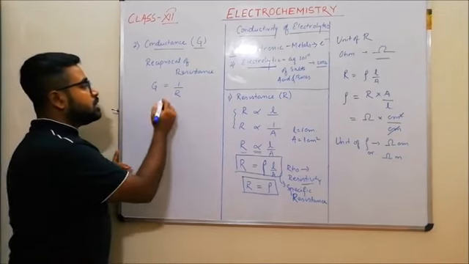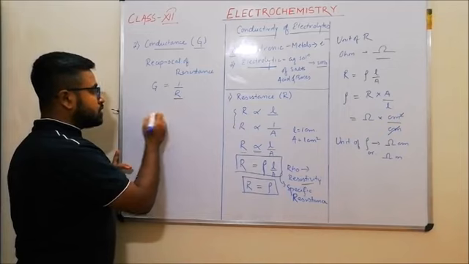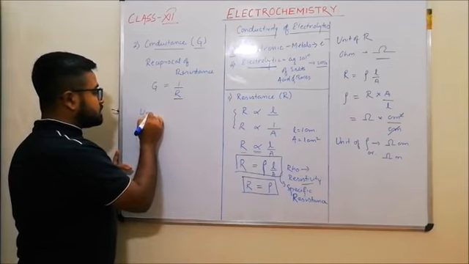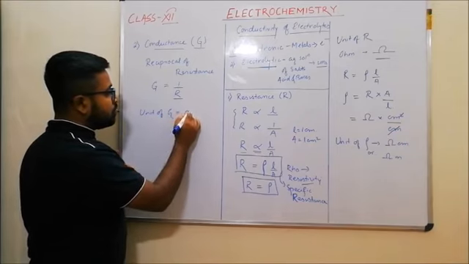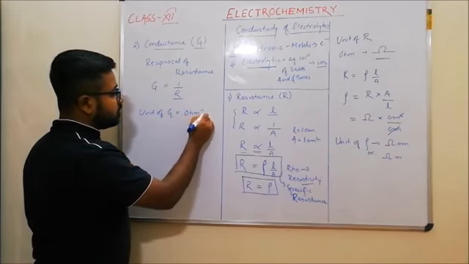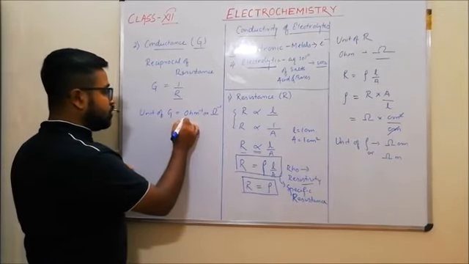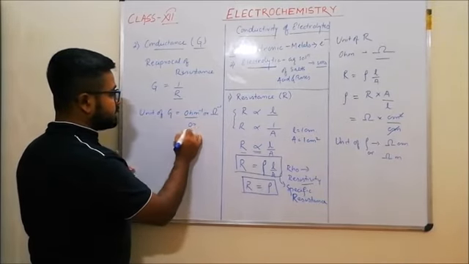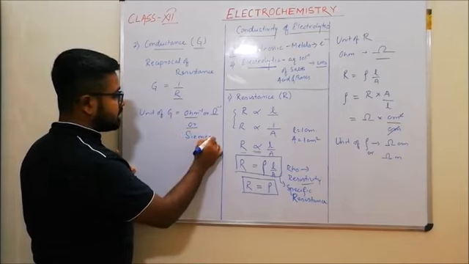So what will be the unit of R? We know that the unit of R is ohm. So what is the unit of conductance? The unit of G is ohm inverse, or this ohm inverse is known as Siemens.